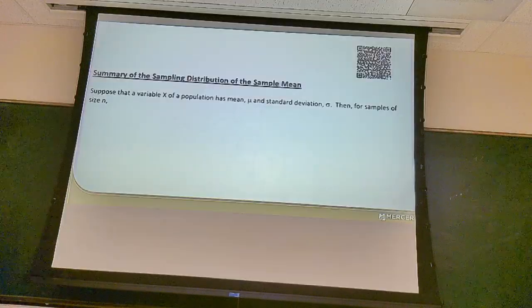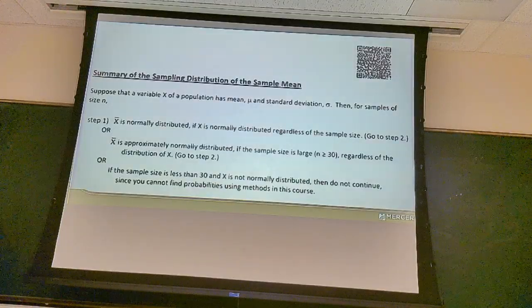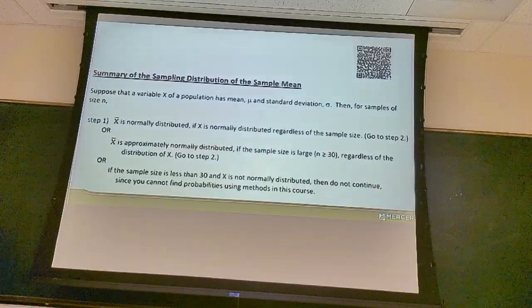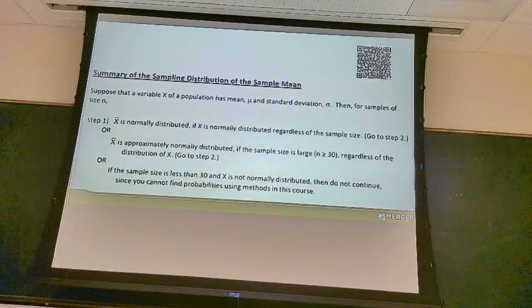So we're given a random variable x, which has population mean mu and standard deviation sigma. If x is normally distributed, we proceed. If the sample size is 30 or more, we proceed.